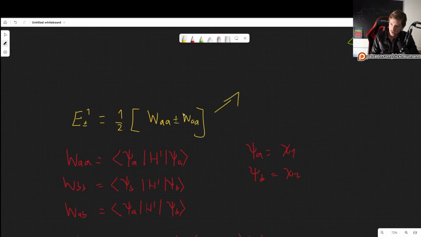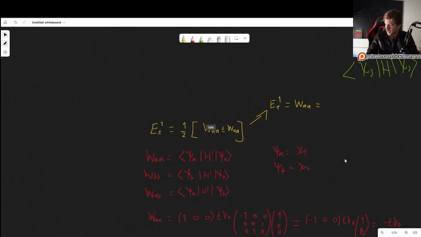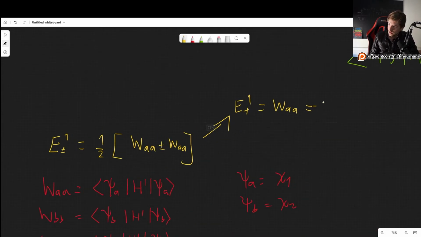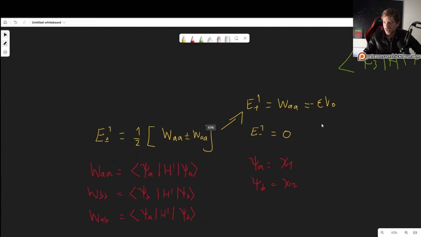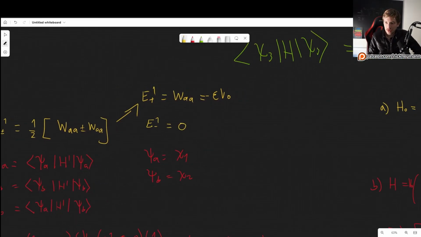In the positive case, E plus 1 will be WAA, which is minus epsilon V0. And in the other case, we get simply WAA minus WAA, which is 0. So these are our corrections.